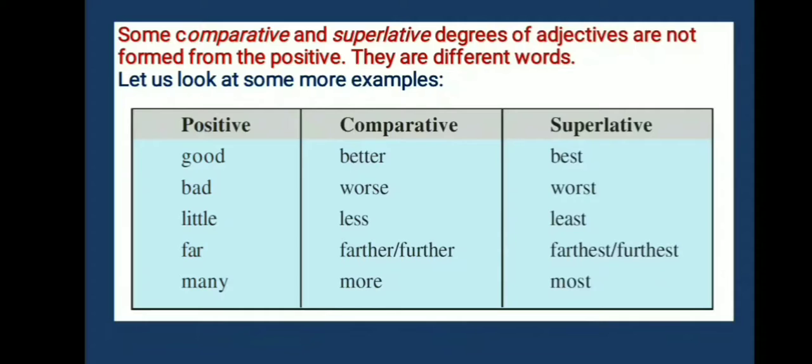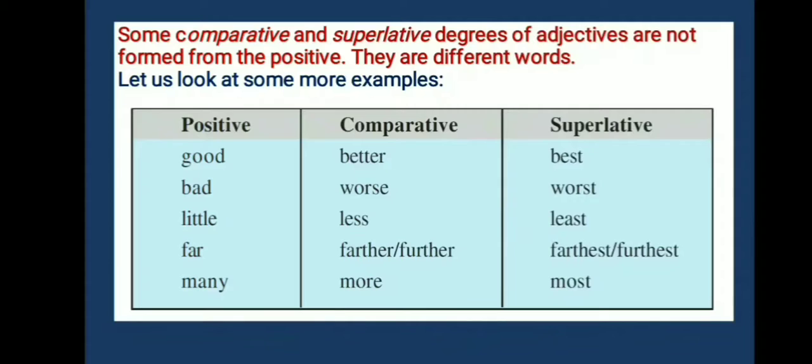Far, farther, farthest. It means at a distance, like let's walk, it's not far. Then we have far, further, furthest. It means more, to a greater degree, like, are there any further questions?